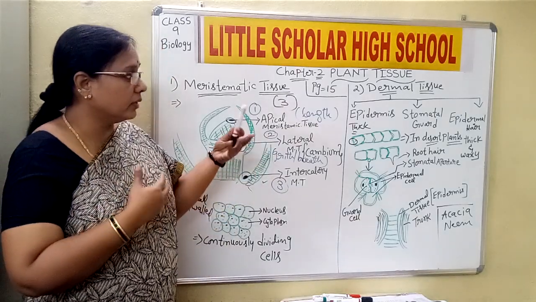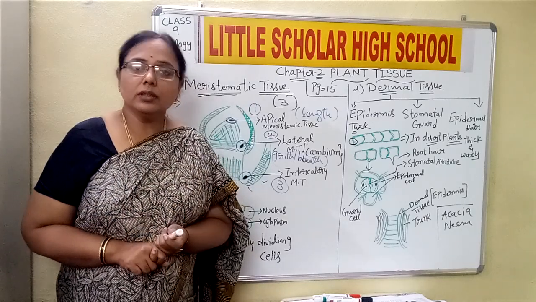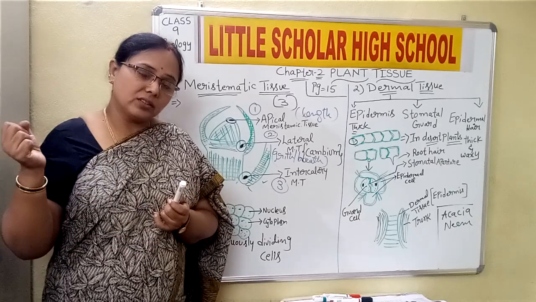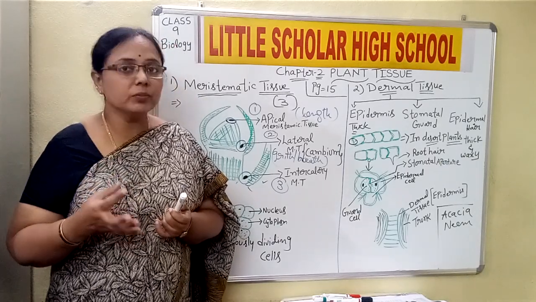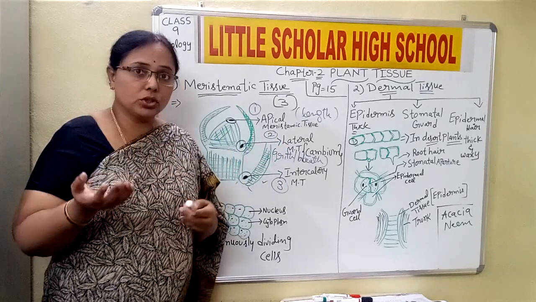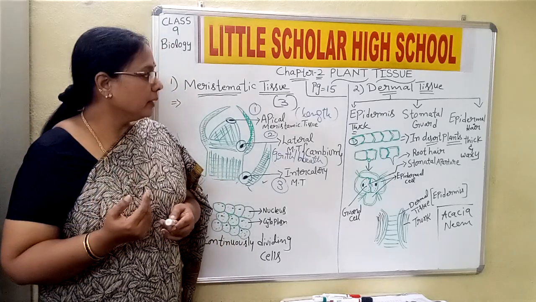Now, what is the importance of this dermis? Naturally, it protects the plant from the external environment, from the entry of external pathogens, disease-causing agents or germs, and it helps in the process of transpiration also.